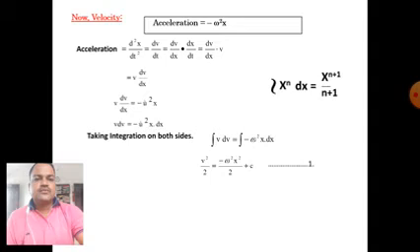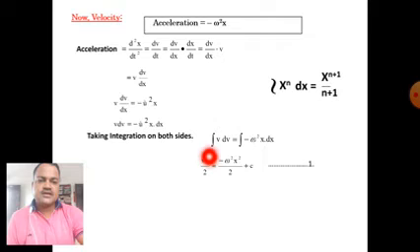So the integration of v dv is v square upon 2, because the power of velocity is 1 here, and as per this formula the power of v raised to 1, so 1 plus 1 gives v square, divided by 2 as per this formula.